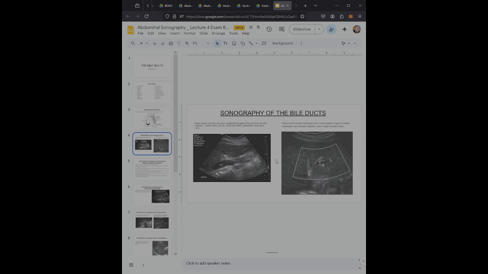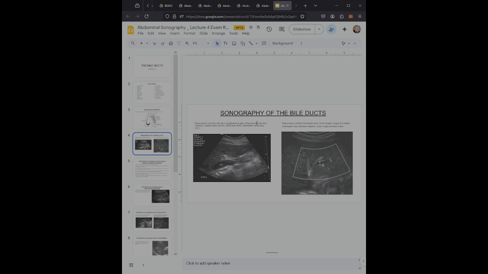Also, coexisting dilation of the common bile duct and pancreatic duct has been referred to as a double duct sign. When these findings are present, we often employ Doppler to delineate vasculature from bile duct.